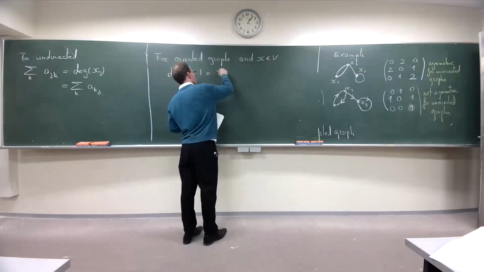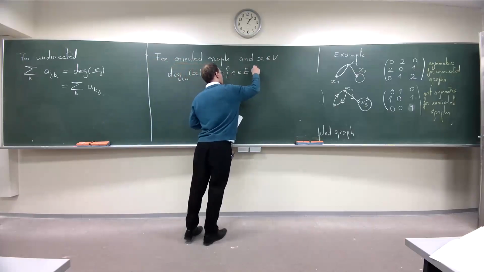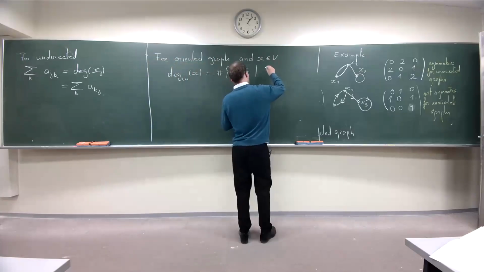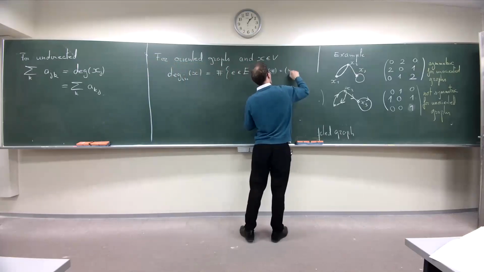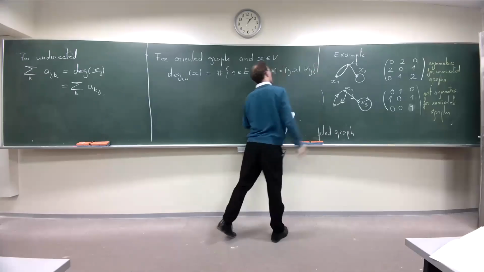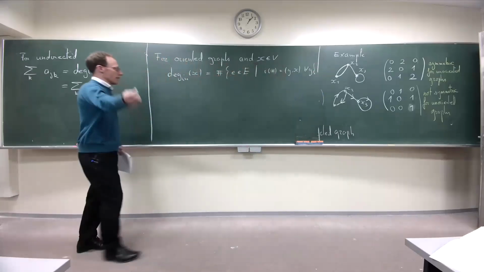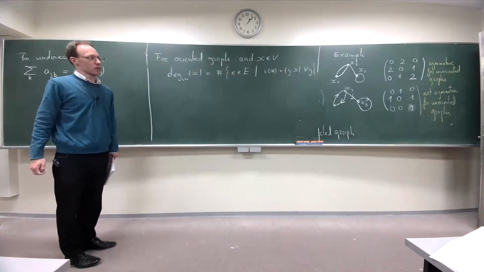It's the number of edges such that I of E is (y, x) for any y. The edges coming to x.